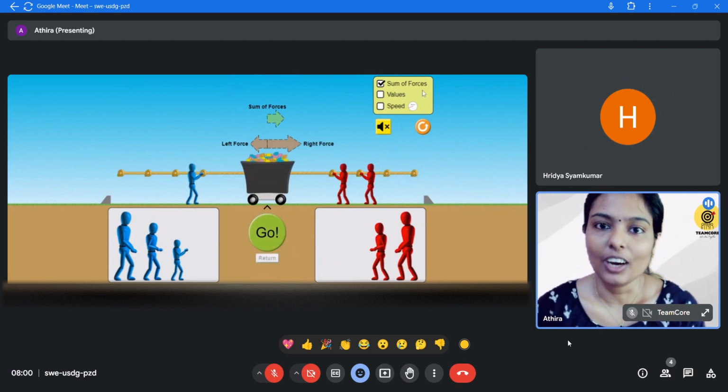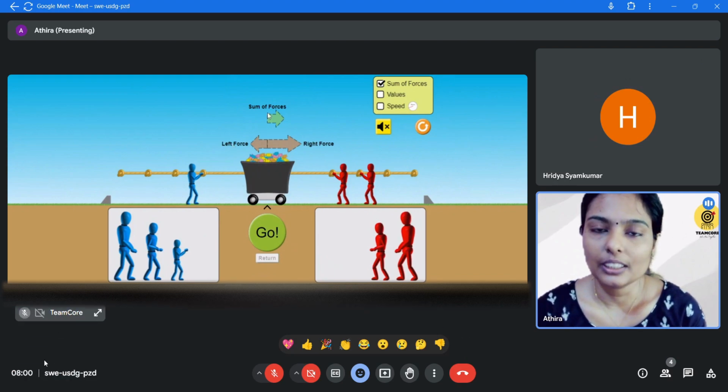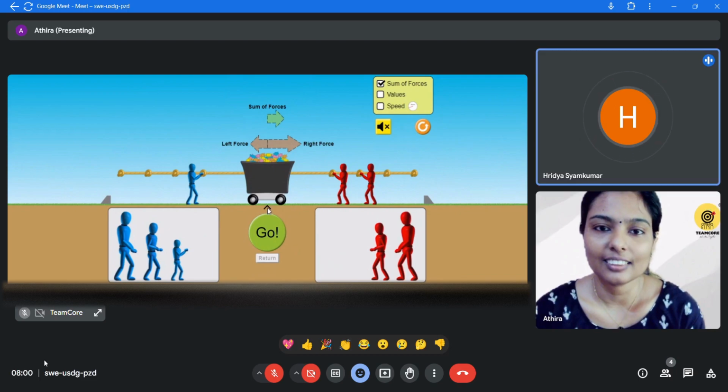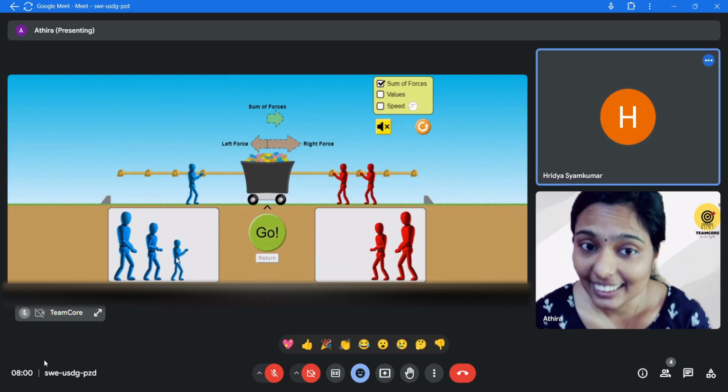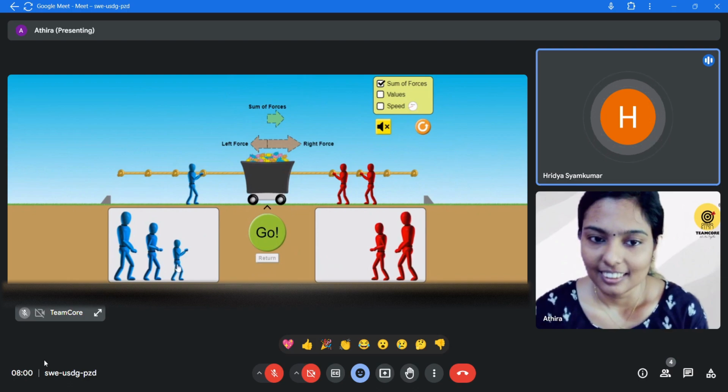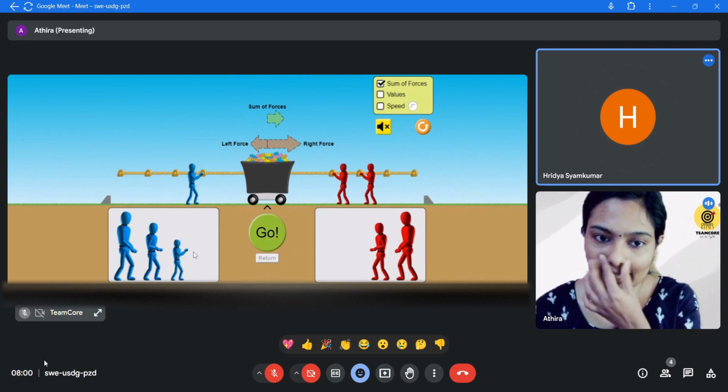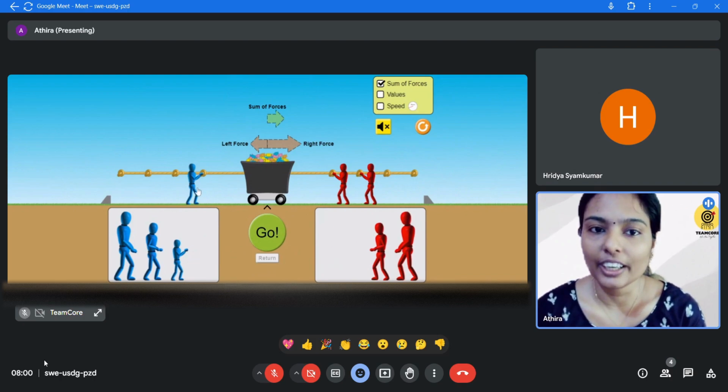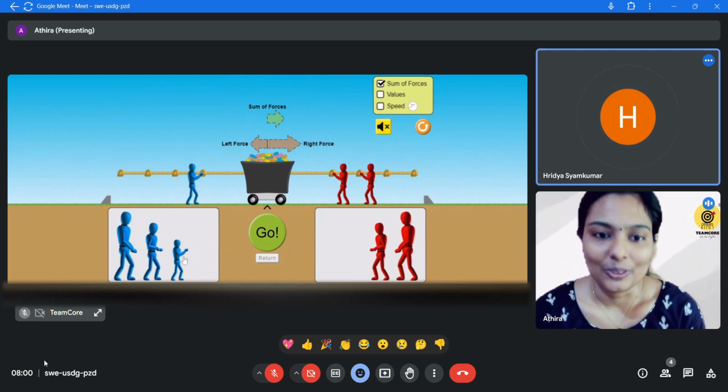Now, if we want the sum of the forces to be zero, what would I do in this situation? Adding one more, the same equal amount of force. Do I add blue or red? Blue.